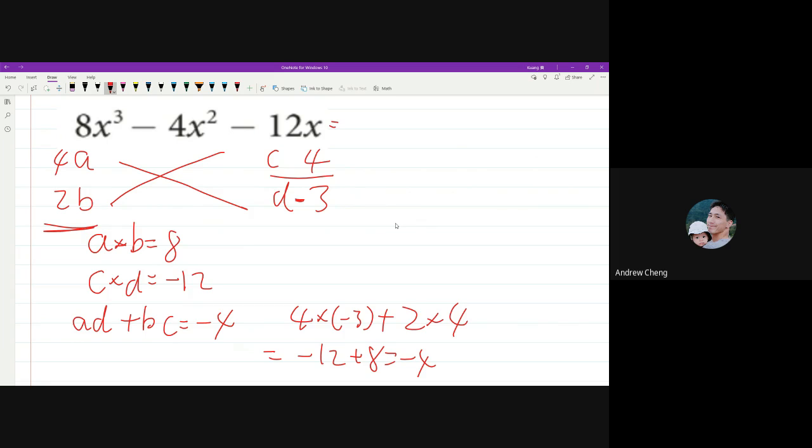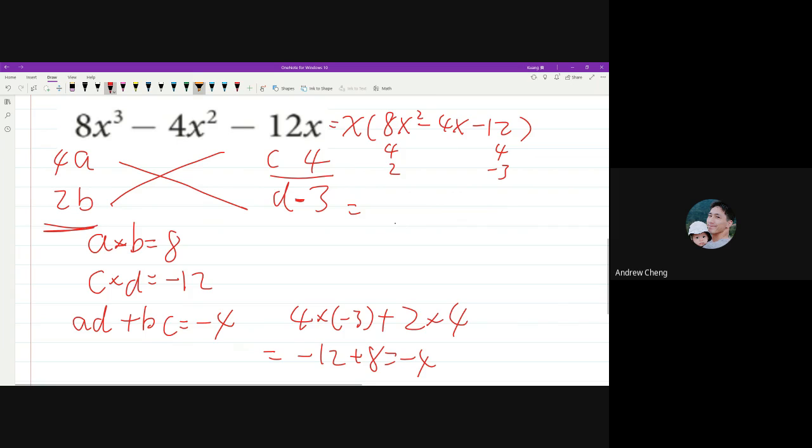So factor out x, you divide each term by x. That will be 8x squared, and minus 4x and minus 12. And then factorize with 4, 2, 4, negative 3, okay?